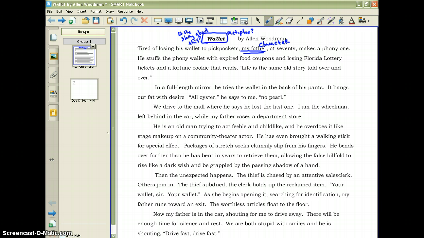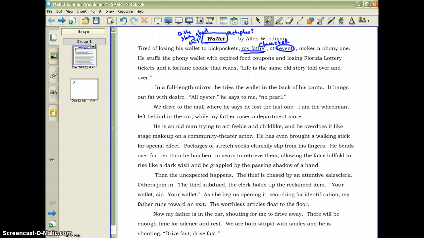So I guess we can guess the narrator's about 40 or 50 years old. Probably, yeah. And like you said, my father, so our narrator is possibly a character in it as well. So we have our characters right away from the first line of the story.